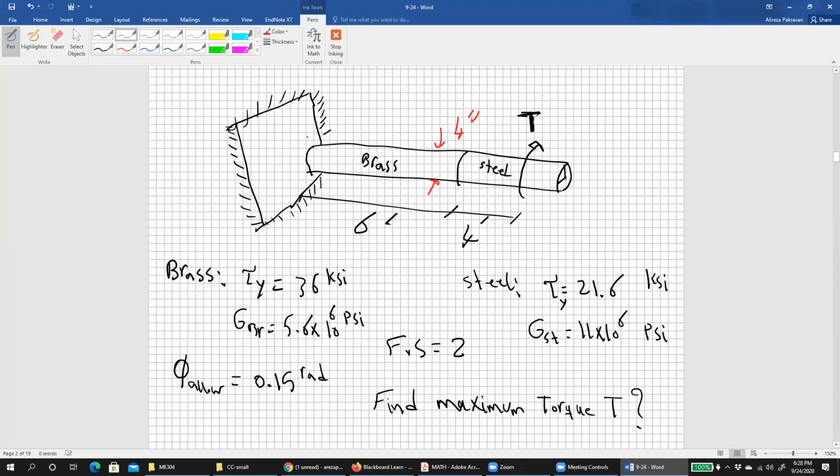Let's assign my notation: this is F, this is E, this point is D, this point is B. I have these notations.